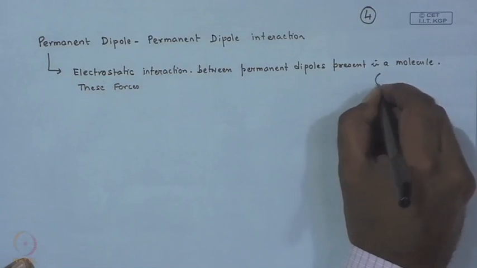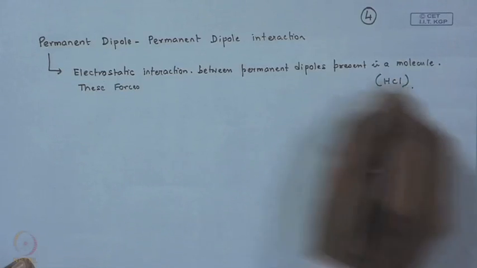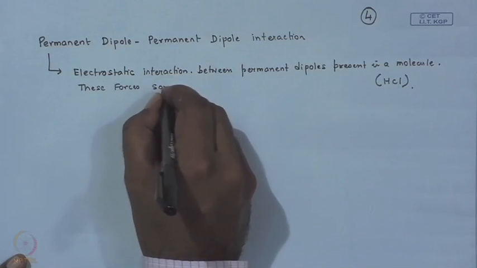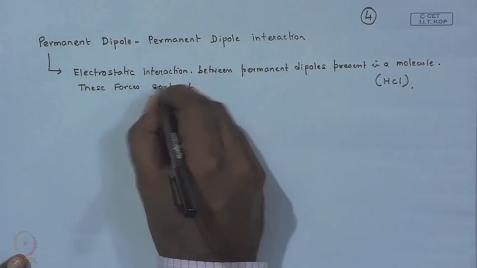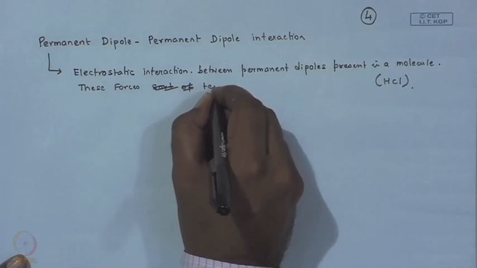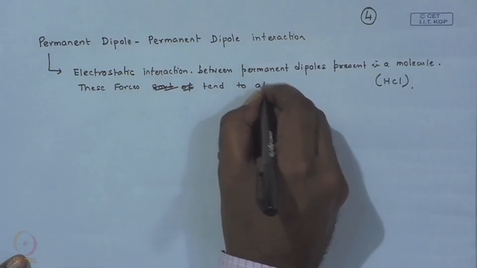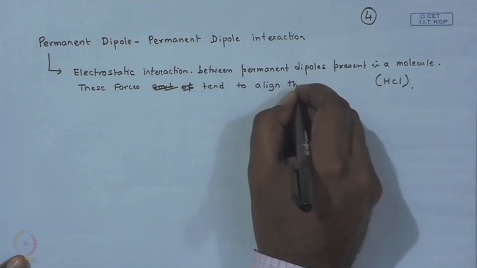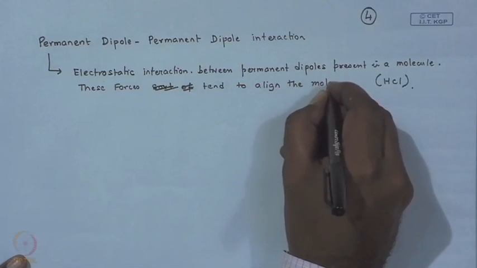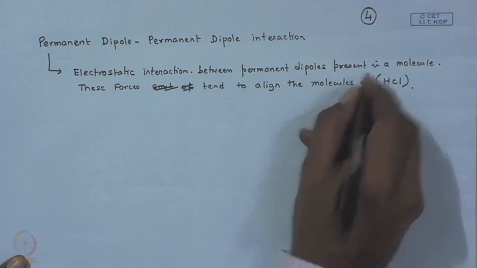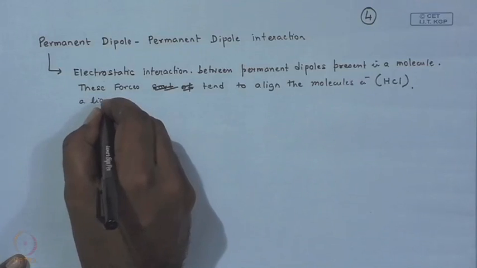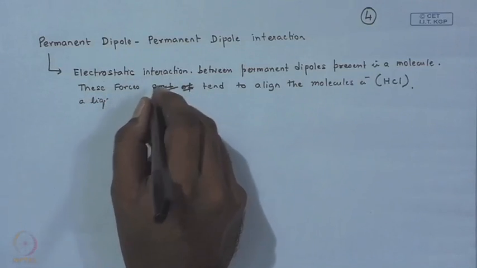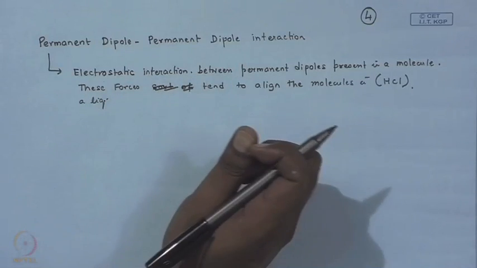So, an example can be, let us say, a molecule like HCl. These forces tend to align the molecules to increase the attraction.